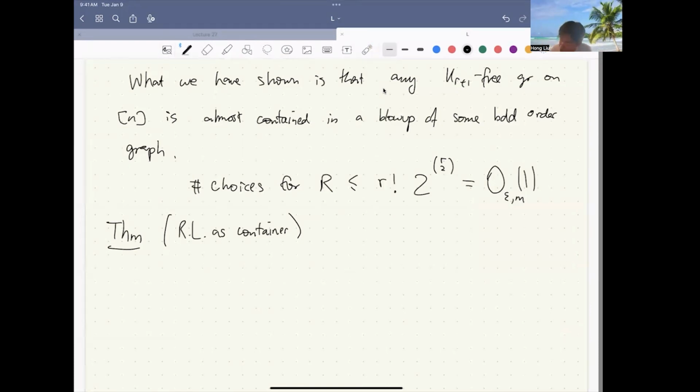Yes, so I will write, there exists a family C of graphs, let me call it containers.